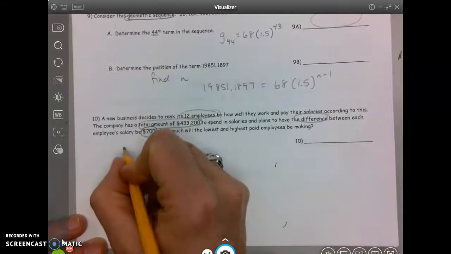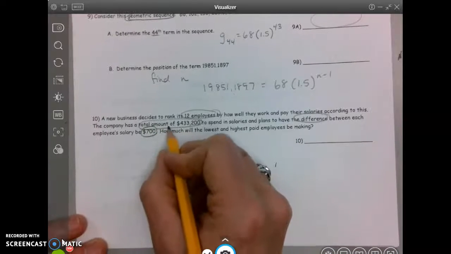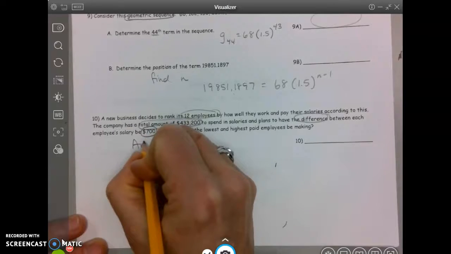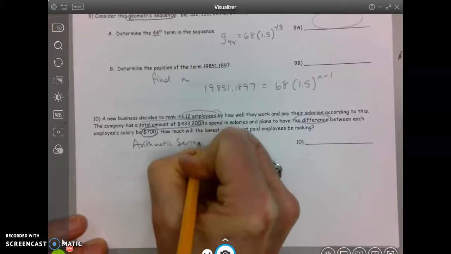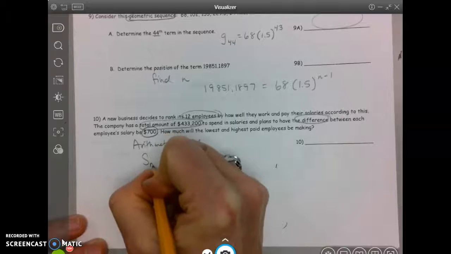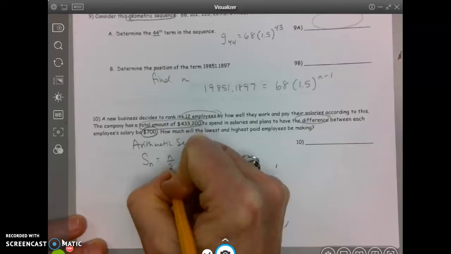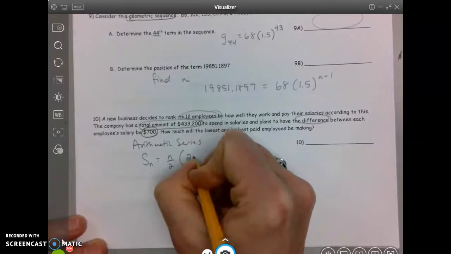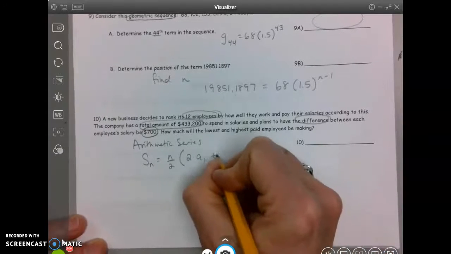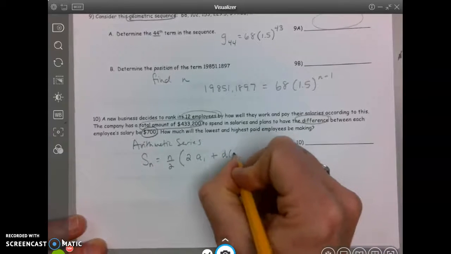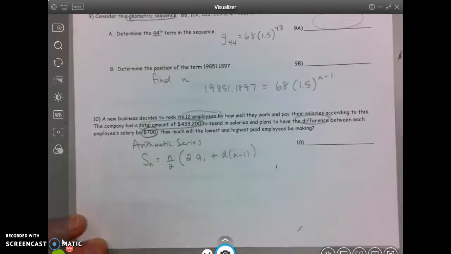All right, so I'm thinking this is a total amount, so it's going to be an arithmetic series. So I'm going to use my formula, S sub n equals n divided by 2, times 2 times the first term, because I don't know what that initial salary is, plus the constant difference, times n minus 1.